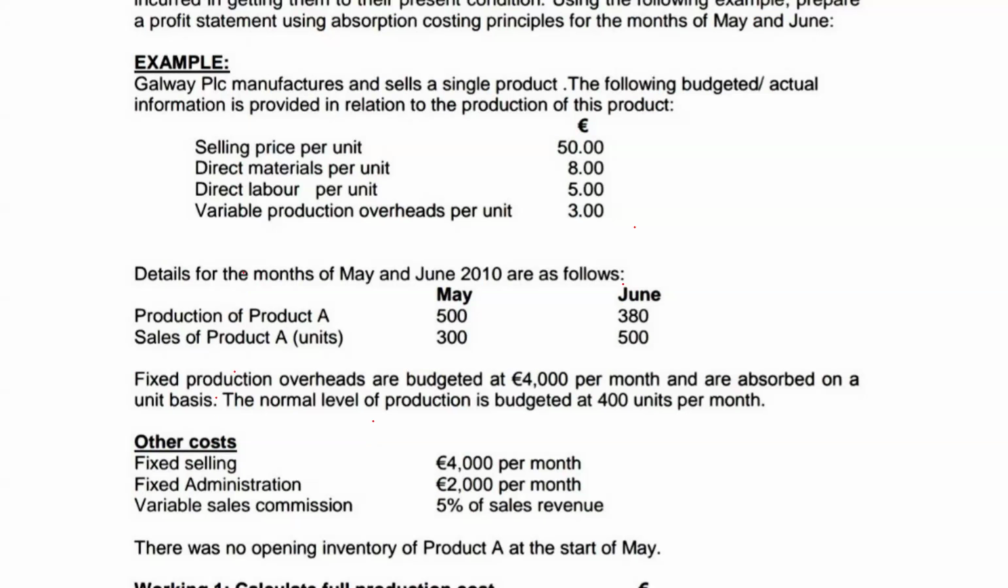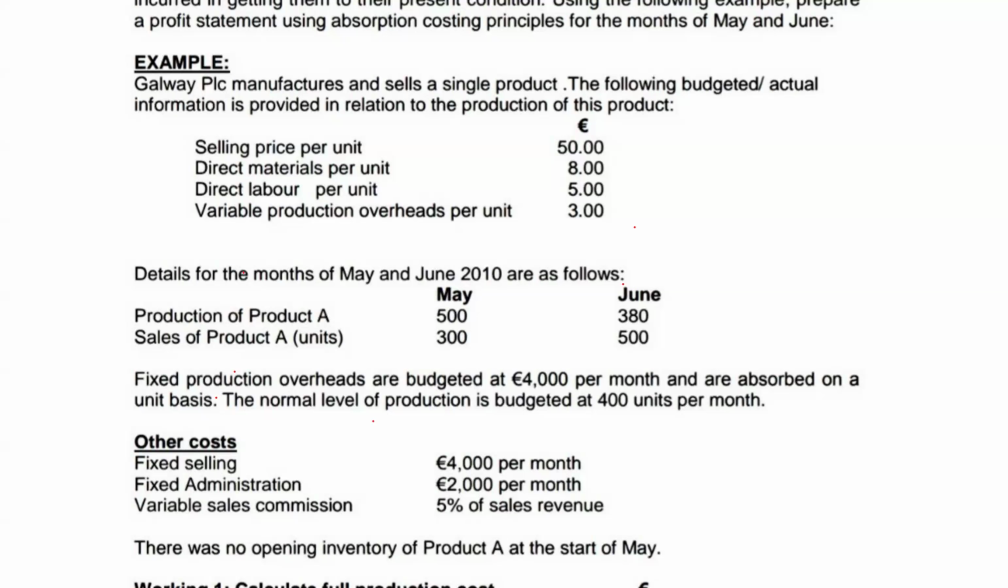You have not gotten this? I'll repeat one more time. When you are projecting production, first of all, you make your budgets: we're going to spend this much on this. And when the time comes, you spend some actual amount.